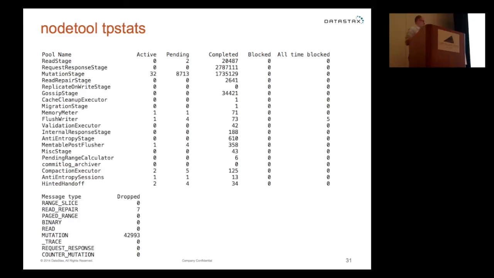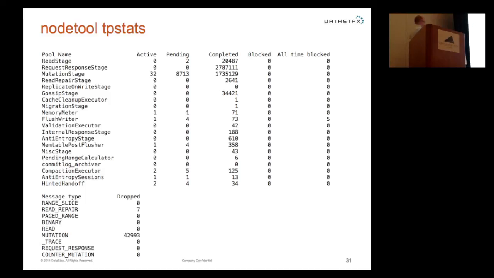And so when you see a bunch of dropped requests, again, that's usually an indication that your node is overloaded. Either your disks can't handle it or your CPU can't handle it. But generally, the best approach when you see that start to happen: do some tuning, do some basic investigation to make sure there's nothing obvious going on with your node, but you probably need to expand your cluster at that point.